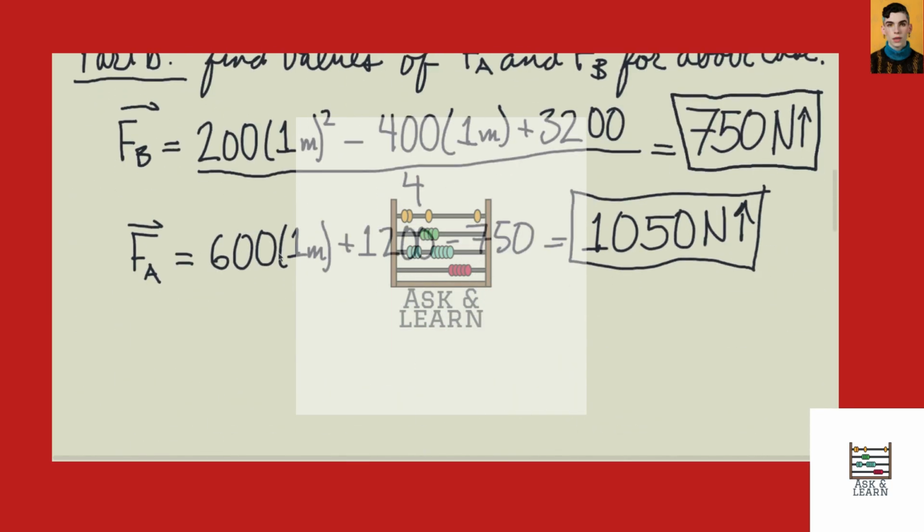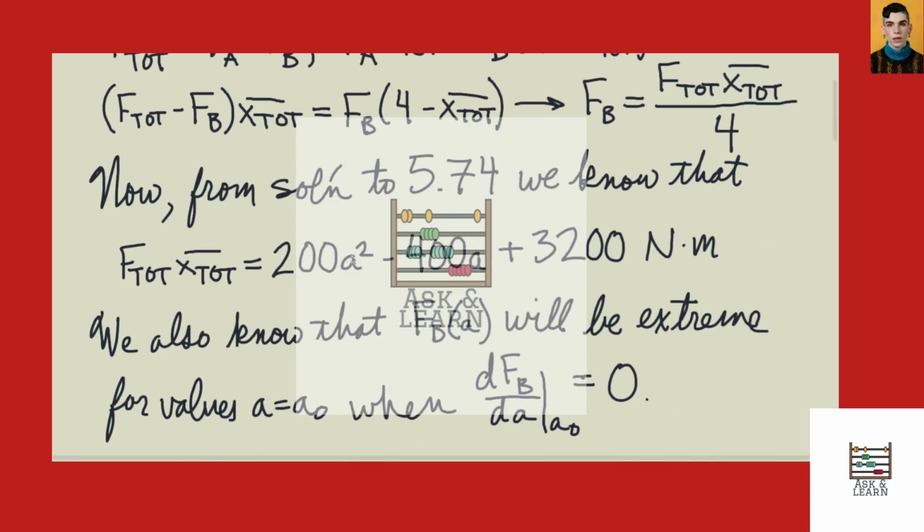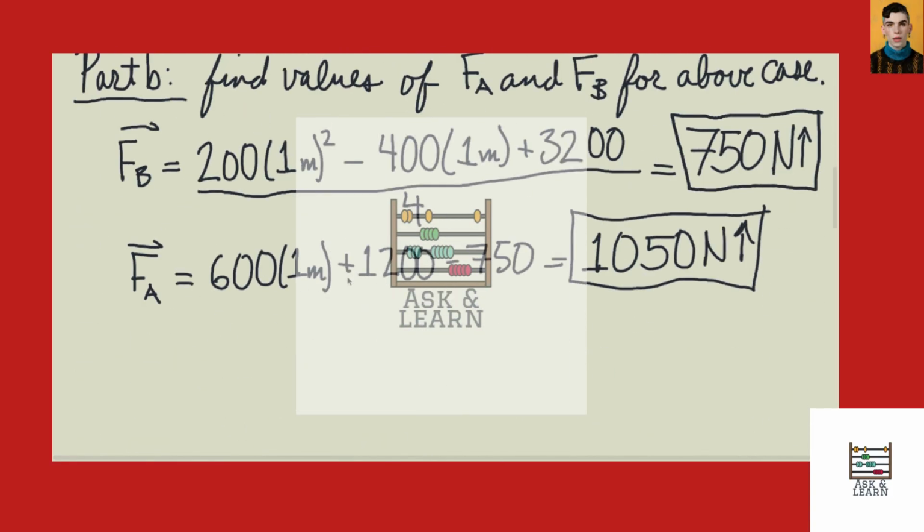In our previous problem, 5.74, we derived that the total load in terms of A is 600 times A plus 1200. We can sub in our numerical value for A now, and we have to subtract our F sub B value, which we just calculated in the previous part. Doing that, our reaction force at F sub A becomes 1,050 newtons upward. And that concludes our problem.